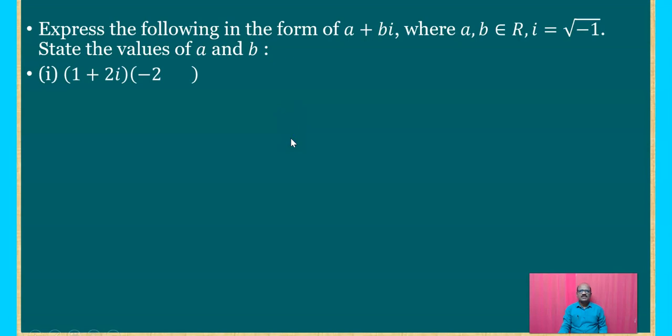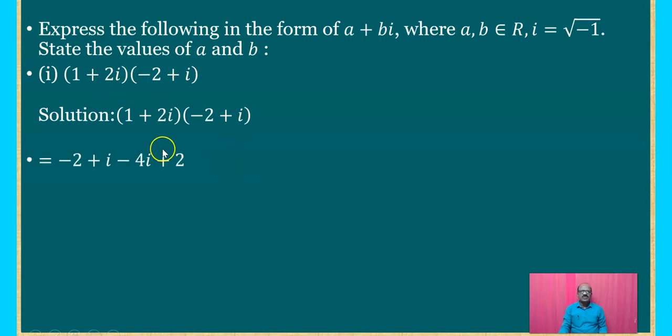The first is (1 plus 2i) in the first bracket, (minus 2 plus i) in the second bracket. Now the simplification: 1 into minus 2 is minus 2, 1 into i is i, 2i into minus 2 is minus 4i, 2i into i is 2i squared. i squared is minus 1, minus 1 into 2 is minus 2.